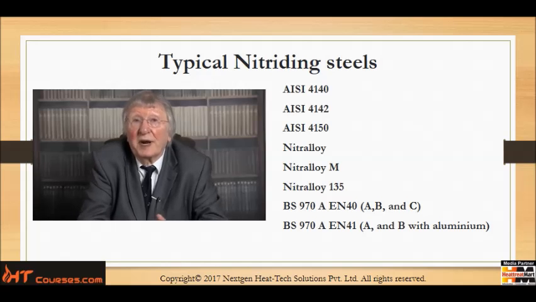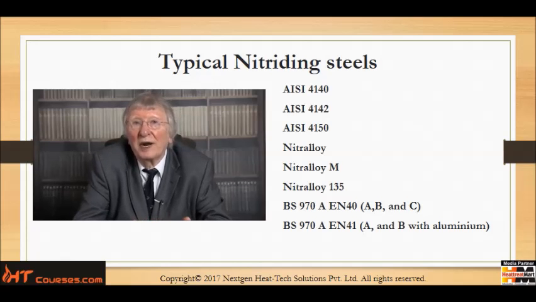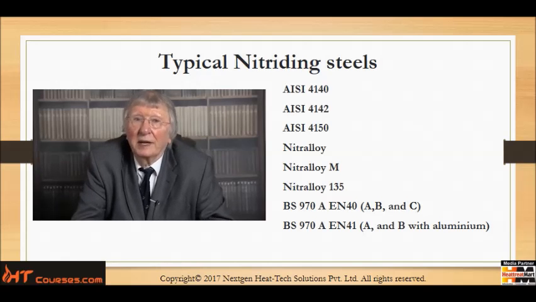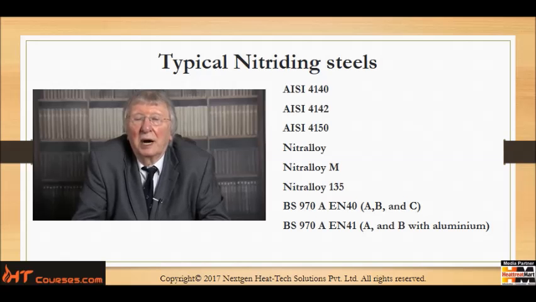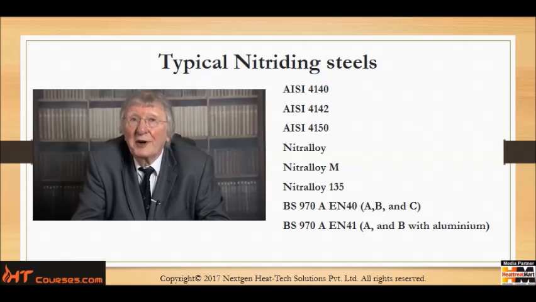The difference between iron nitrides and, for example, a chromium nitride is that the iron nitride is soft. So what does this mean? It means that a plain carbon steel can be successfully nitrided. But you might turn around and say, yes, but we can't get the hardness we can get with an alloy steel. That is true.